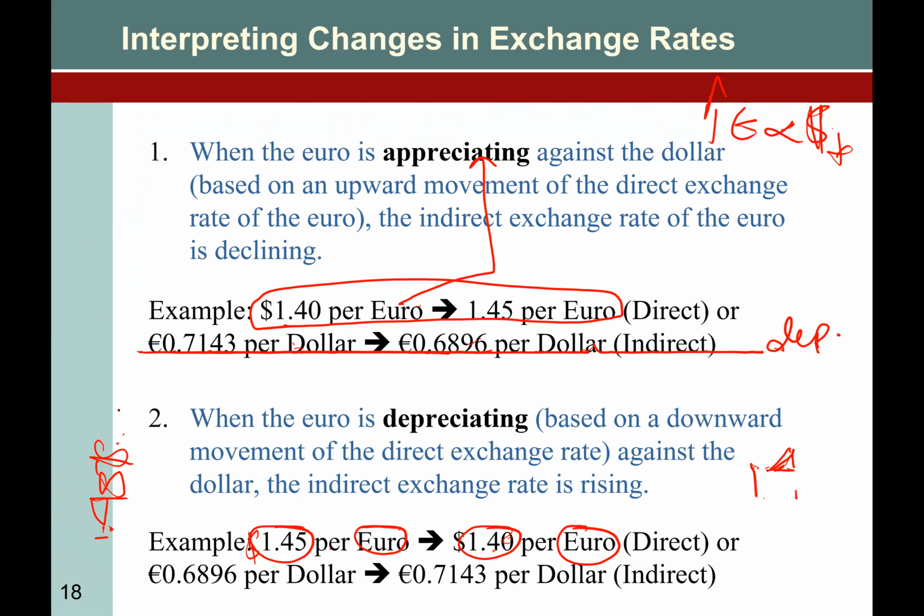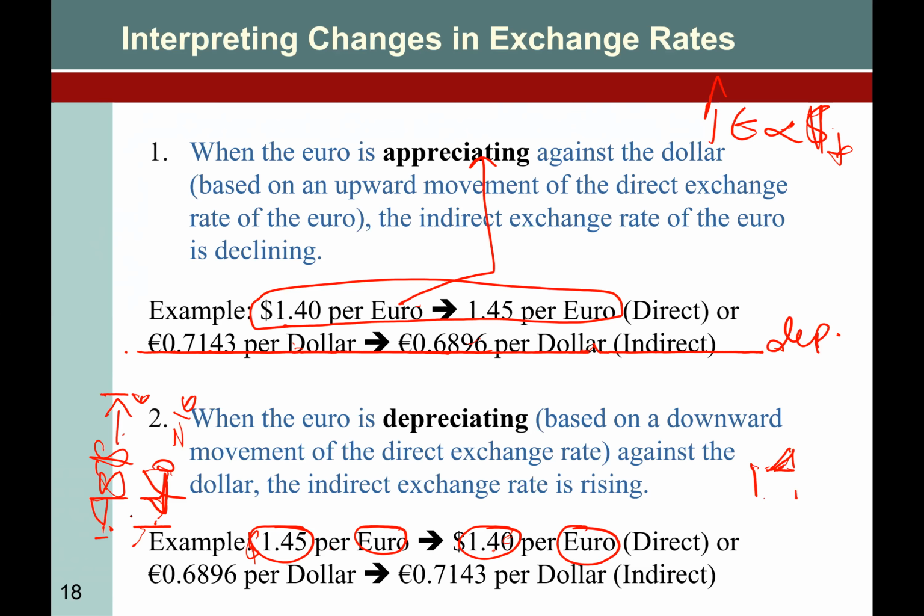$1.45 we paid to buy €1, right? And now we are paying $1.40 per euro. So which currency is appreciated? Now we have to spend $1.40 to buy €1.